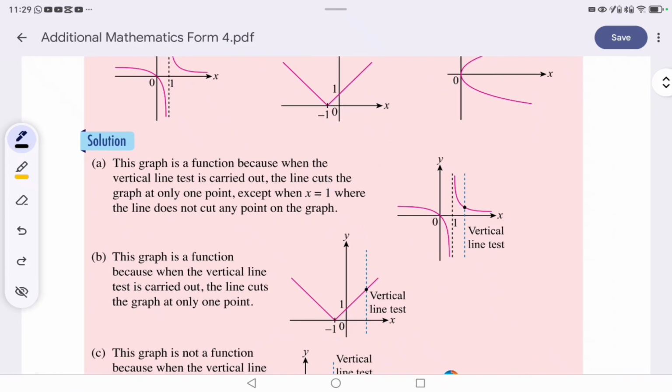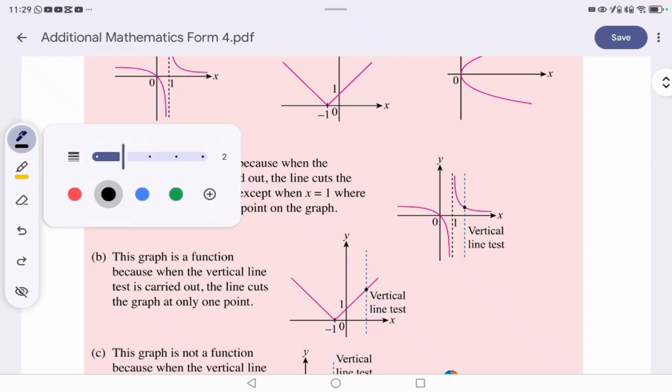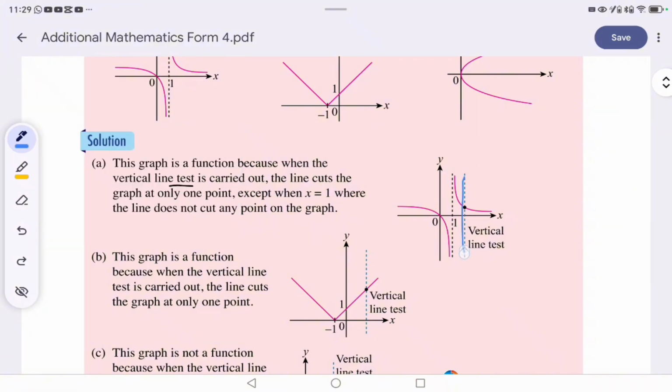What is the solution that they are giving you? This graph is a function because when the vertical line test is carried out, the line cuts the graph at only one point. You can see over here, this is the vertical line, so it cuts only at one point over here, except when x equals 1, where the line does not cut any point on the graph.